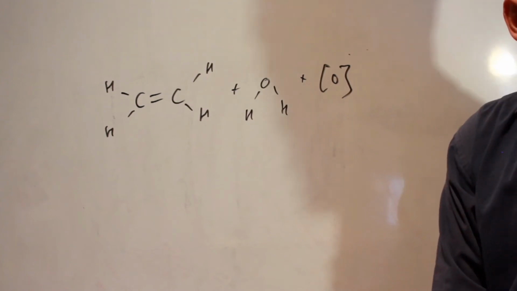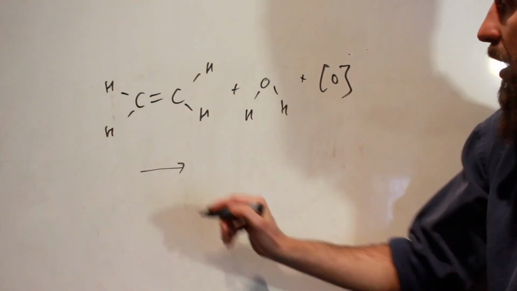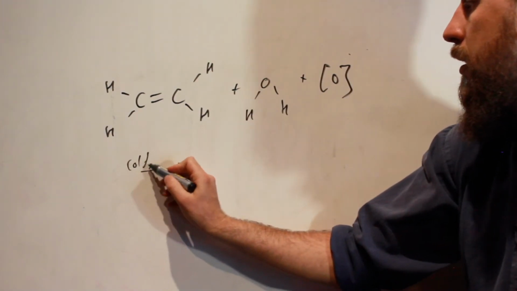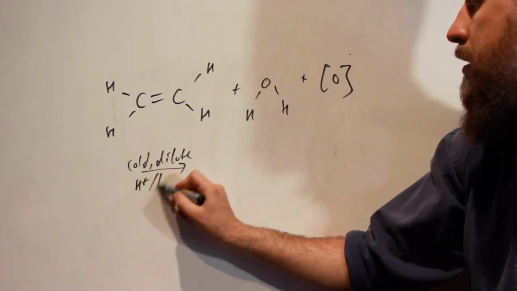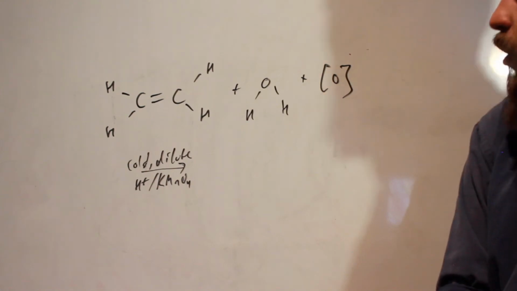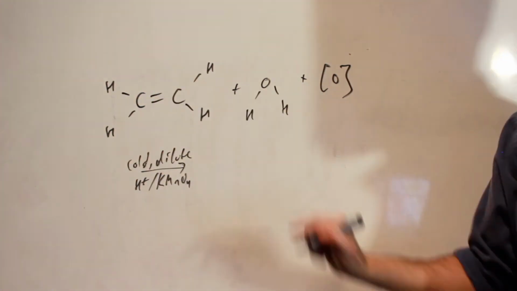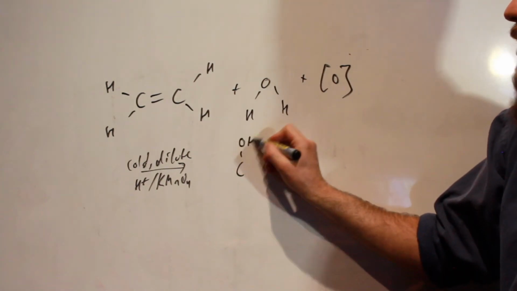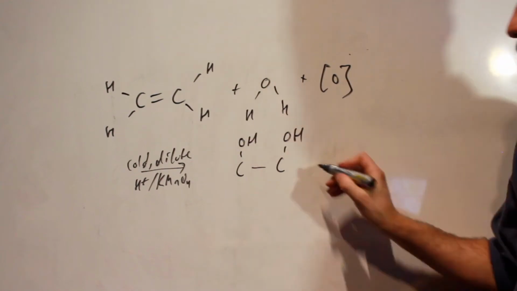So we have reaction conditions. I'll do this down here because I'm running out of space to do it on the same line. We have cold and dilute acidified potassium manganate. So we form a diol. We don't have harsh enough conditions to completely sever that. Rather, we can break one of the bonds and we put a hydroxyl on one carbon and a hydroxyl on the other carbon.